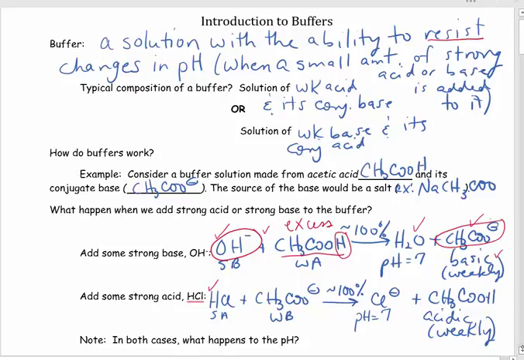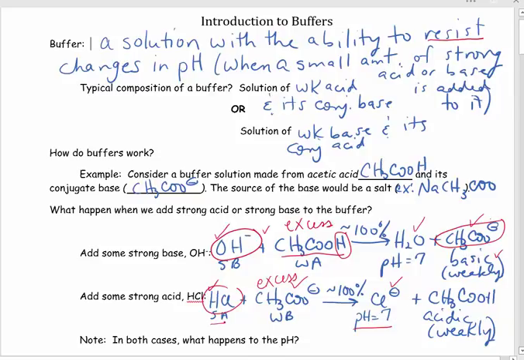The opposite effect happens when you add a strong acid. It reacts with the basic part of the buffer, which is also presumably in excess. And in this case, we produce chloride ion, which has a pH of 7, although it has a negative charge. Remember that it does not do a good job of acting as a base because its conjugate acid is a strong acid. Okay?